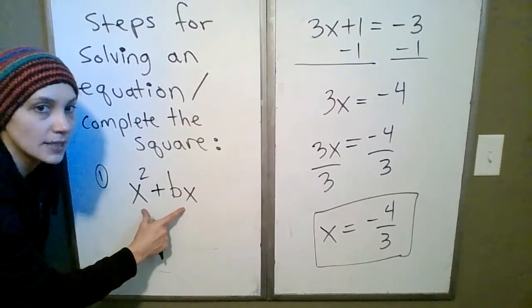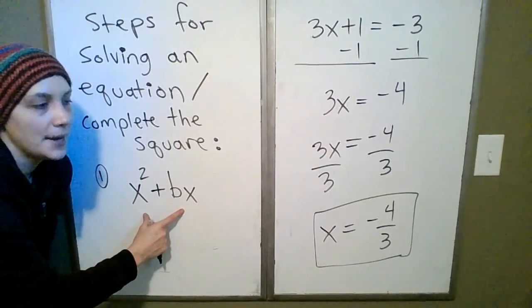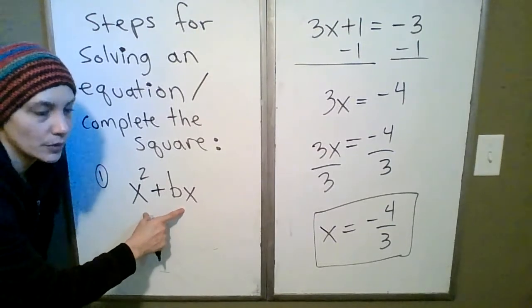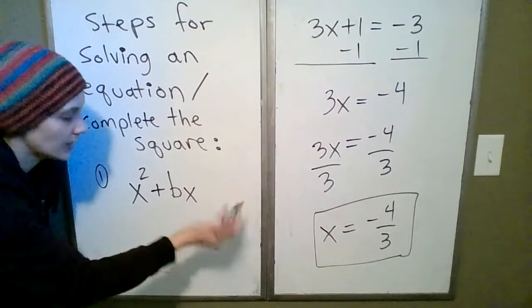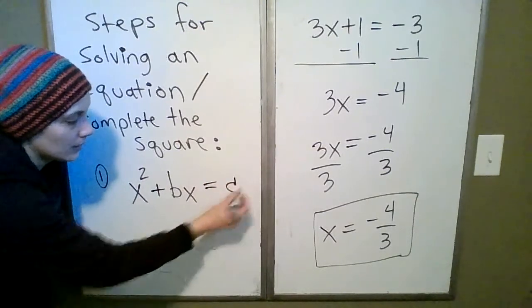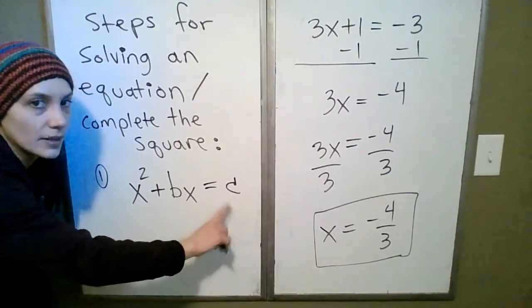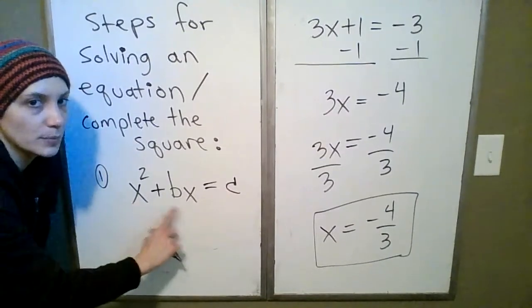The terms that look like this together. And I suggest that you take the number, whatever number it is, and get it on the other side of the equation. So that number c is on this side. You have your x squared plus bx on the other side.